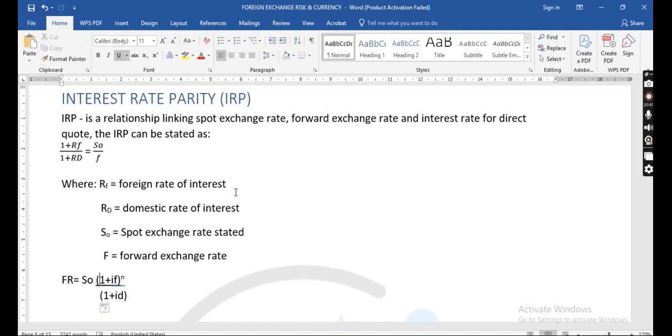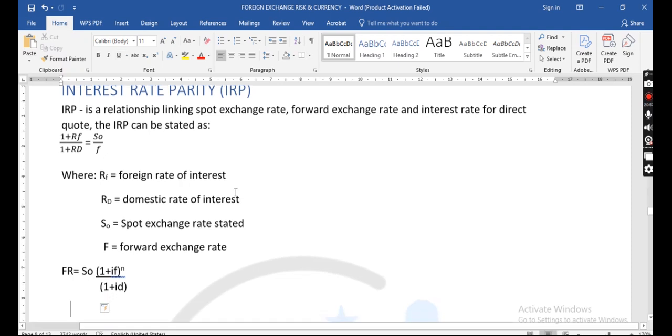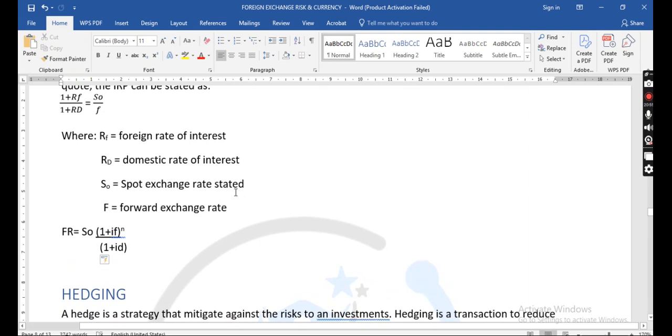Class, am I communicating? Now, let's use one illustration. Let's quickly do an illustration. This is for forward rates for maybe 1 to 4 years, right?